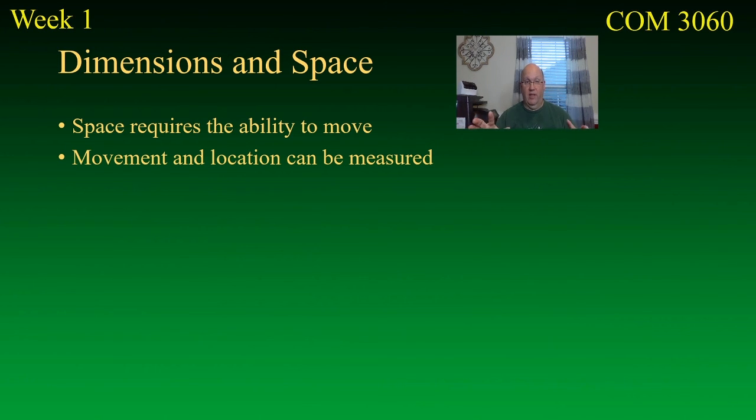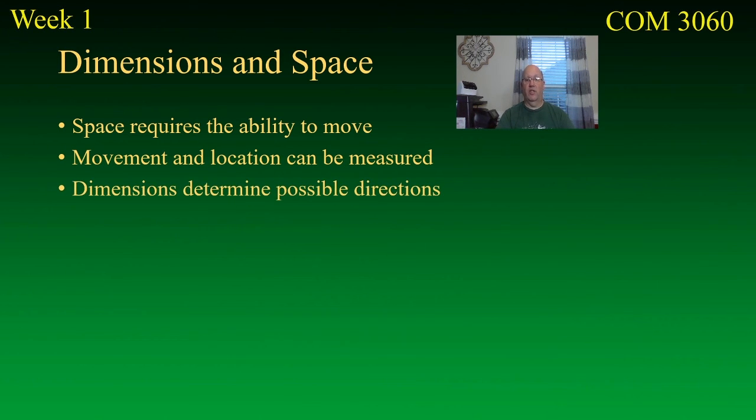Combining that together, you get its position in three-dimensional space. And as we'll see, when you add the time element, then you get four-dimensional space, which becomes a little bit of an issue. Okay, dimensions determine possible directions. If you limit the number of dimensions you're working with, it becomes a lot easier, but at a certain point it also becomes meaningless.